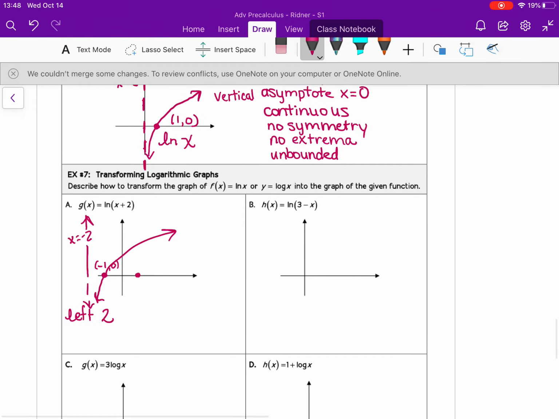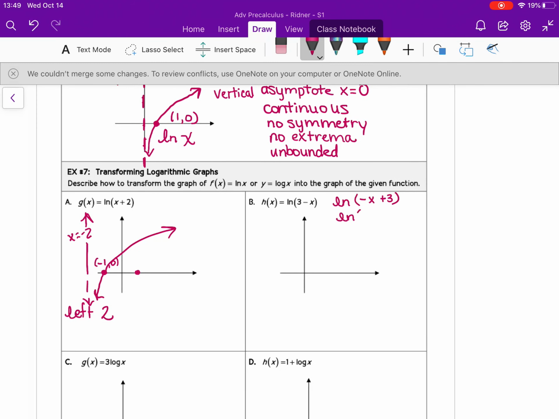Okay. This one is a little more complicated because we have to think of it as switched around. That means I have a negative out front of the x, so it's going to reflect across the y. You're going to think that it goes left 3 because it's a plus sign.